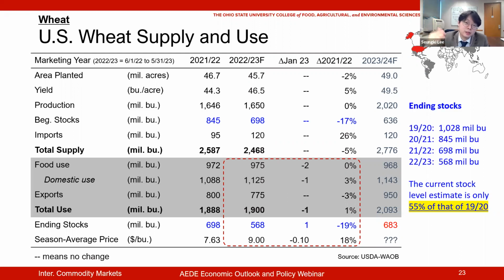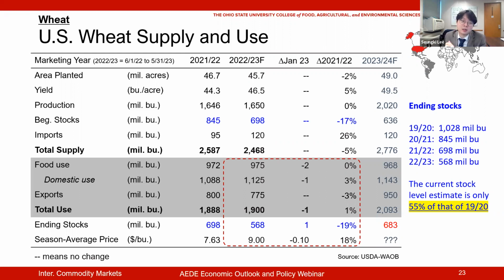So I tracked the ending stocks of wheat in the US, and compared to the periods before COVID, we usually had over 1 billion bushels of wheat ending stocks. But after COVID, mainly because of production issues, we had a bad cycle. So about every year we had 200 million bushels lower ending stocks. And now this year, ending stocks are about 55% of what we had in the 2019-20 market.